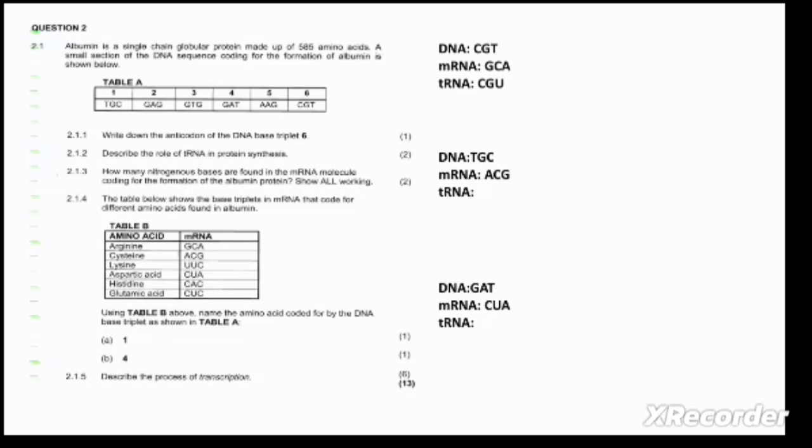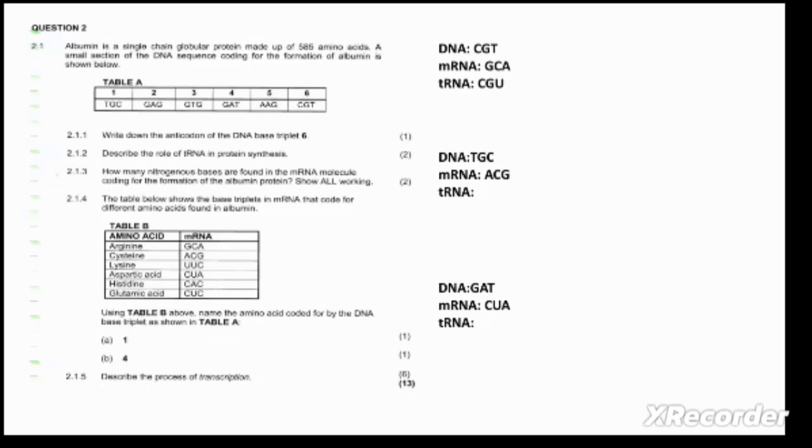So what you're going to do, you write the sequence: DNA, under DNA you write mRNA, under mRNA you write tRNA, and then you substitute the DNA, CGT. You go down and find mRNA first.